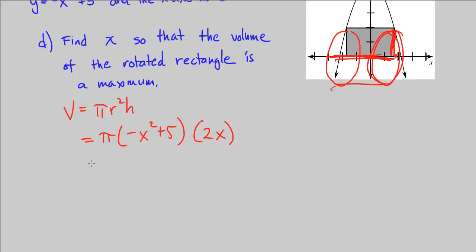Let's go ahead and simplify this and distribute everything in. That's equal to 2 pi x times x squared, so negative 2 pi x cubed plus 2 pi x times 5, 10 pi x. Alright? So we're going to take the derivative of the volume, so V prime with respect to x. That's not necessary, but sometimes it helps.